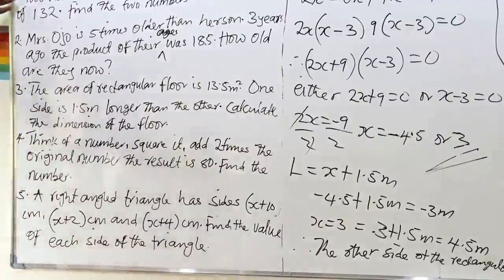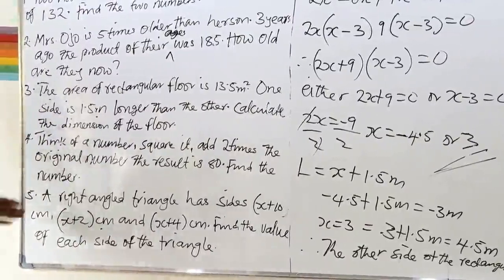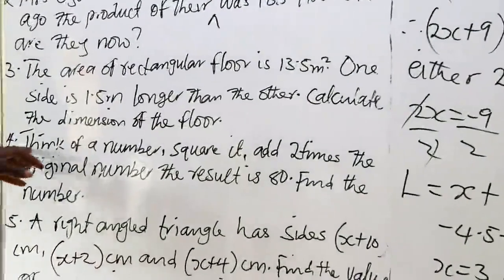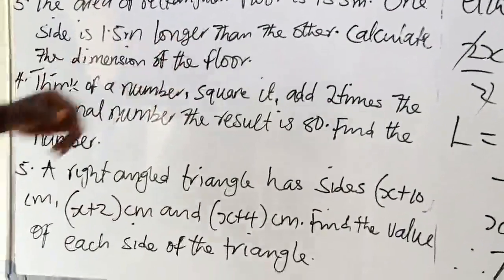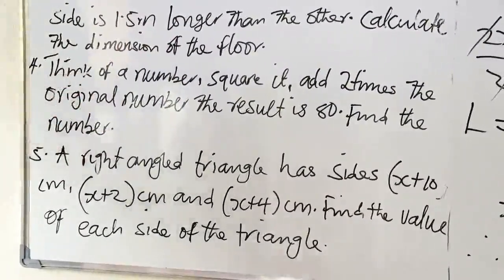Okay. Having solved these 3 examples, you can solve number 4 and 5 as an assignment. Number 4 says, think of a number, square it, add 2 times the original number, the result is 80. Find the number.